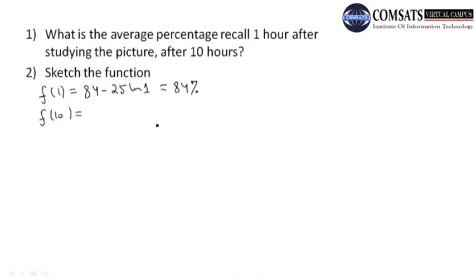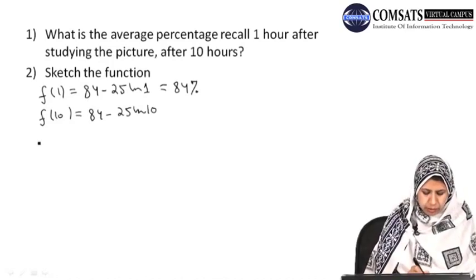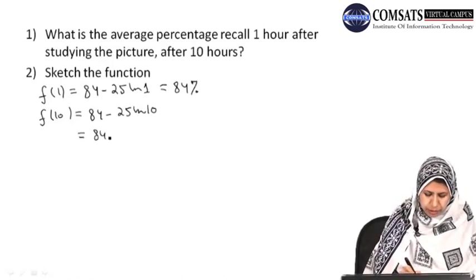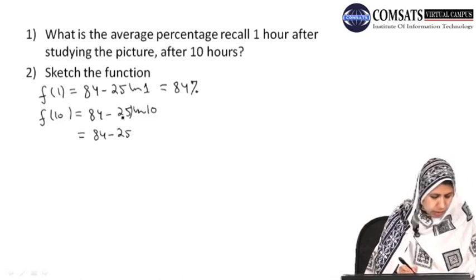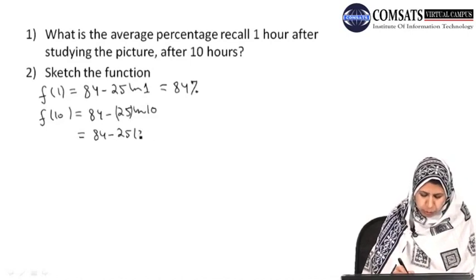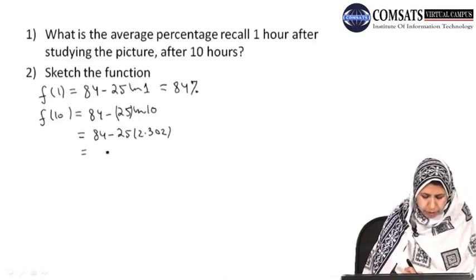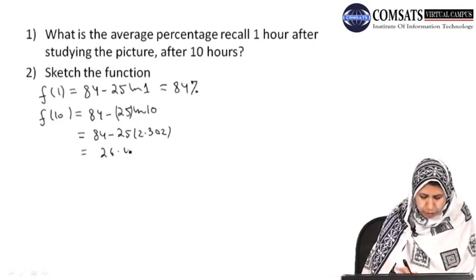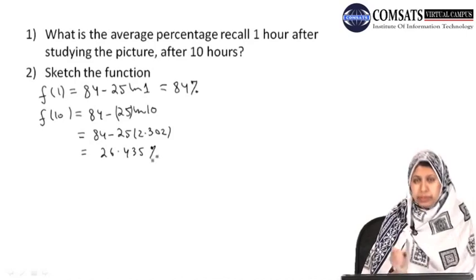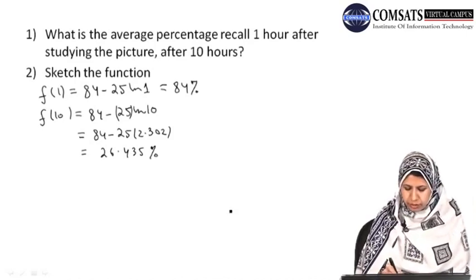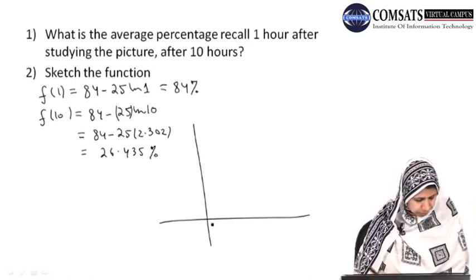After 10 hours, the memory remembered will be 84 minus 25 times natural log of 10, which is 84 minus 25 times 2.302, and simplifying we obtain 26.435%.